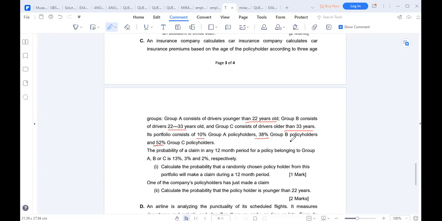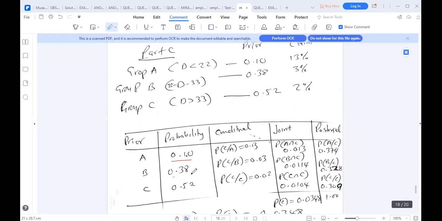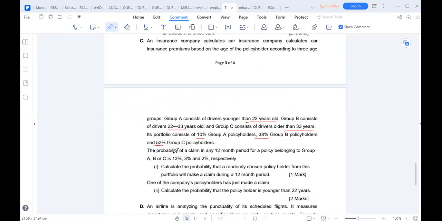So when you see these ones, just see which ones are adding up to 100%. These are called prior probabilities. So A, 10%, B, 38%, and C are what? 52%.